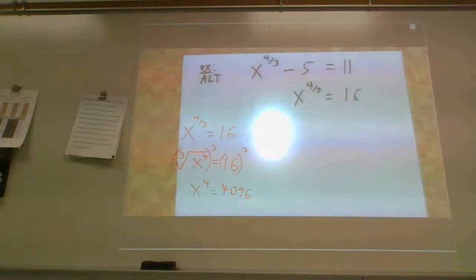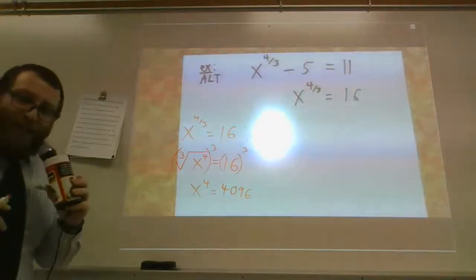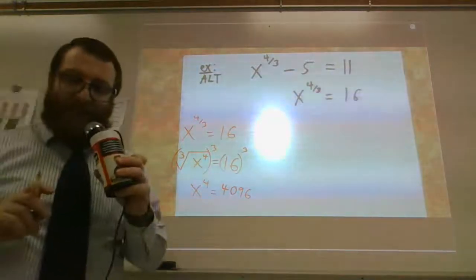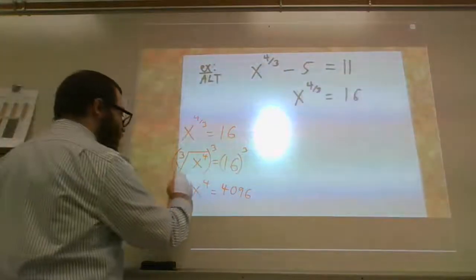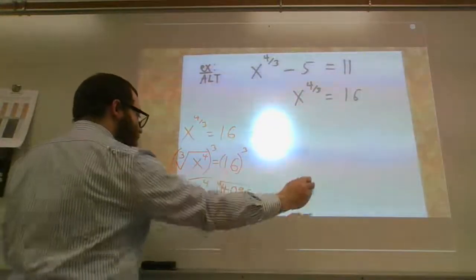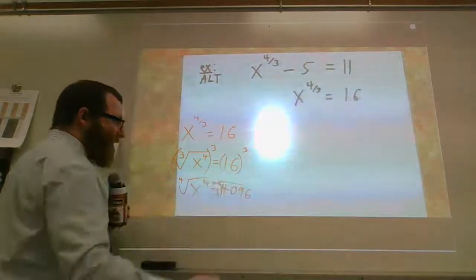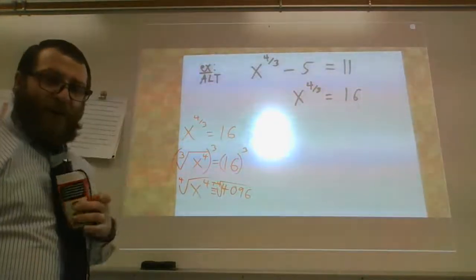When you introduce that even root into the problem, when that even root was not in the problem in the first place, you have to account for it using a plus or minus. You do. I would have to take the fourth root, and then I would put a plus or minus in front of that radical.